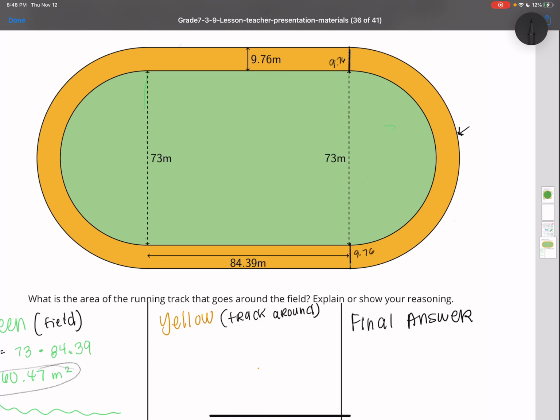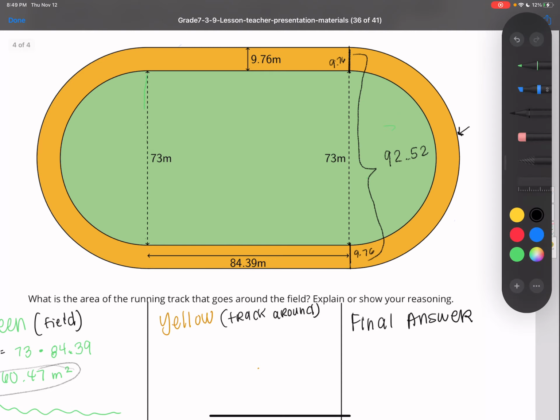So the new value of this diameter, if you didn't know, is going to be 9.76 times 2, because I have two quantities of them, plus 73, and the new diameter would be 92 and 52 hundredths meters, okay? So now I'm going to take that information. I need to start solving it.